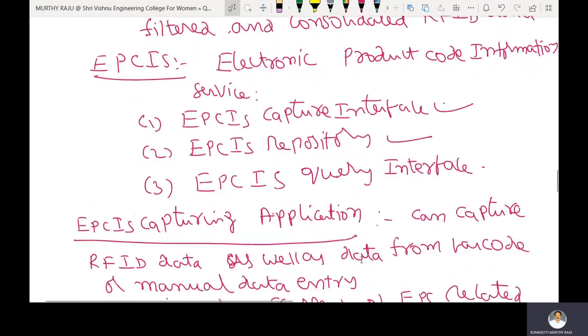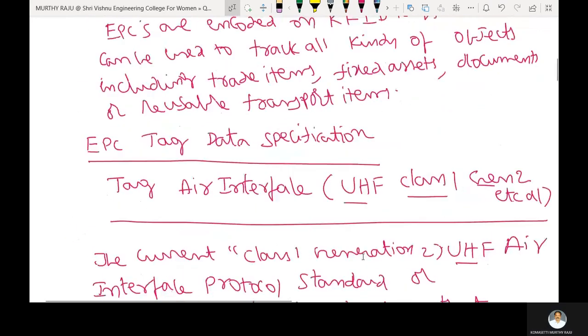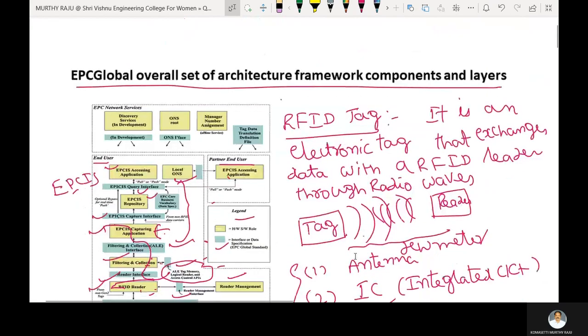Next one, finally, these are the EPC Network Services: ONS root. Consider the whole universe; with the help of those URLs and URIs, we identify the product information.